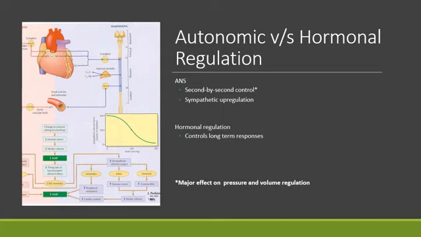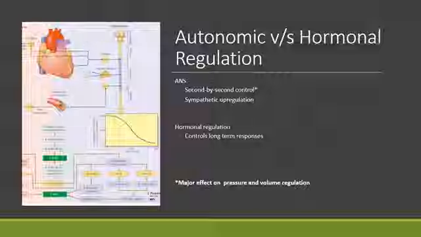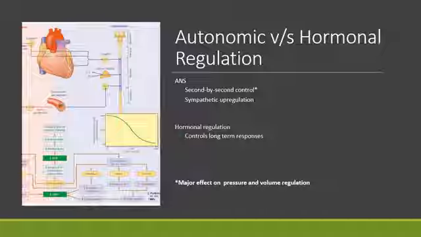So the autonomic nervous system, remember, is the second by second or beat by beat control, and oftentimes that's regulated by sympathetic upregulation. We see that with hypertensive patients, and so that's one of the areas that we combat by giving beta blockers. We also look at hormonal regulation, which is much more of a long-term controlled response, and so we can look at that as well. That would be where your diuretics would typically impact.